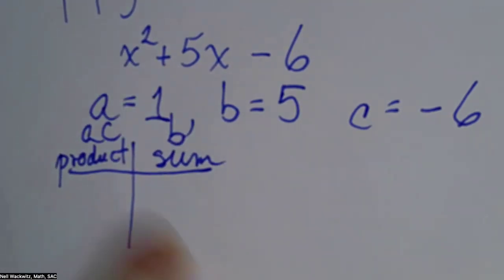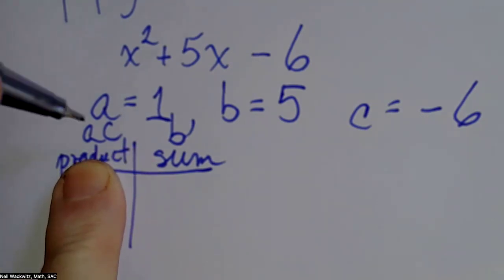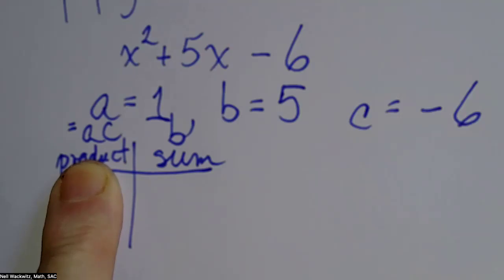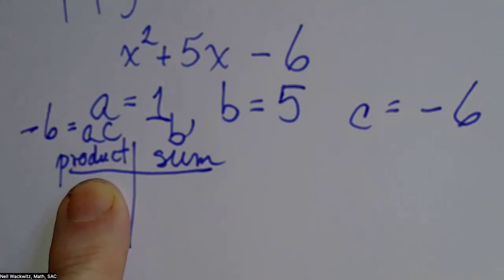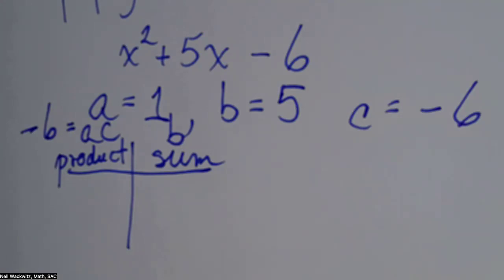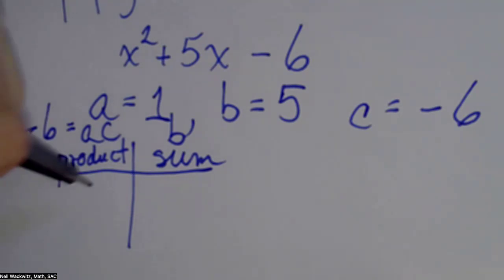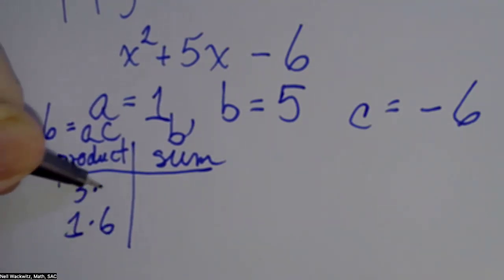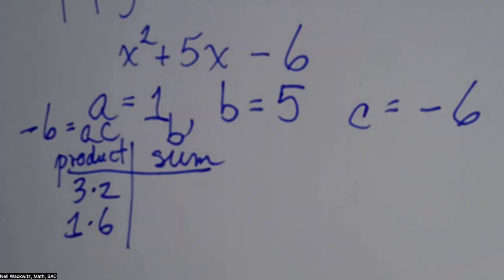And I want you to think, what is A times C? Negative 6. Good. What are any two numbers whose product is 6? 3 and 2. 1 and 6. Okay, 1 and 6, and 3 and 2. Those are the main ways, right? How can we change 1 times 6 so that the answer is a negative number?